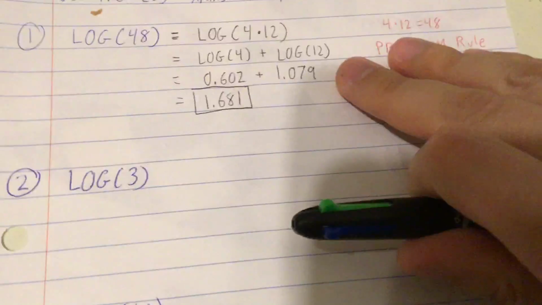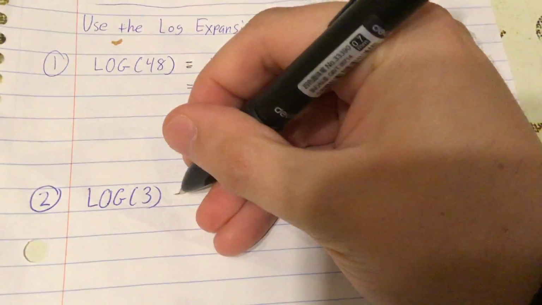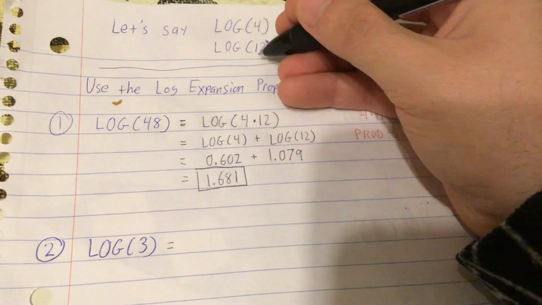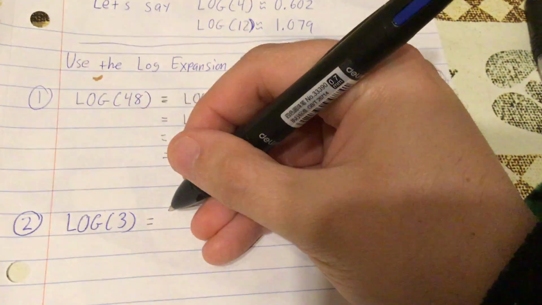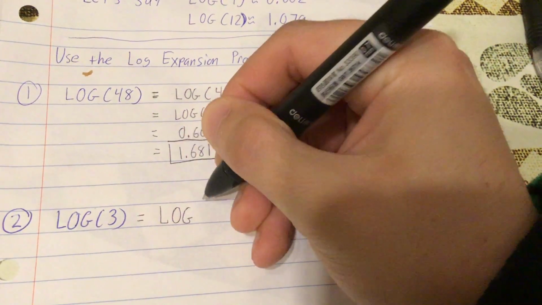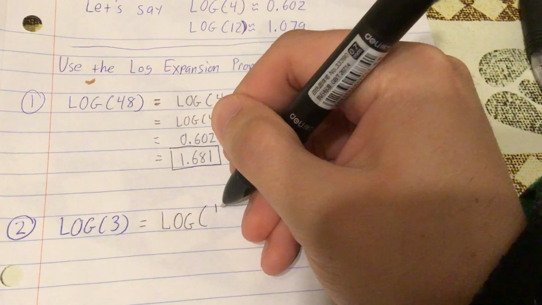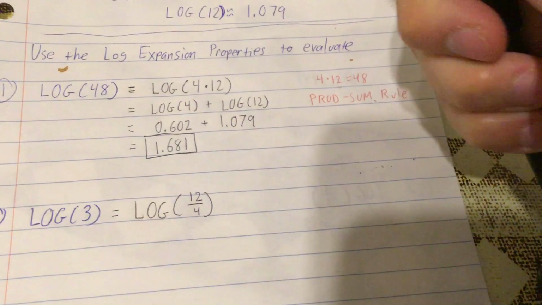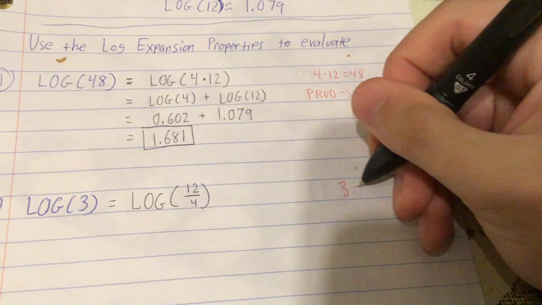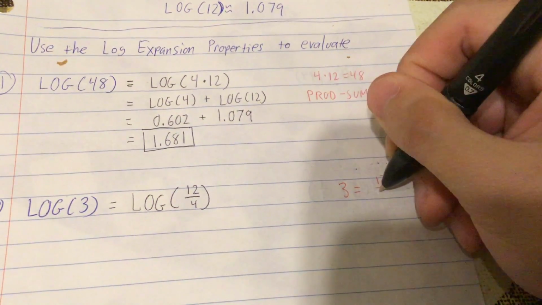So that becomes log of 3 by using log of 12 over 4, not log of 12 divided by log of 4, mind you. Log of 3 is only accomplished by doing 12 divided by 4. Okay, all I did was say 3 is equal to 12 over 4.